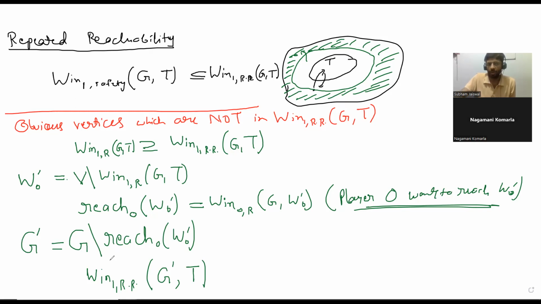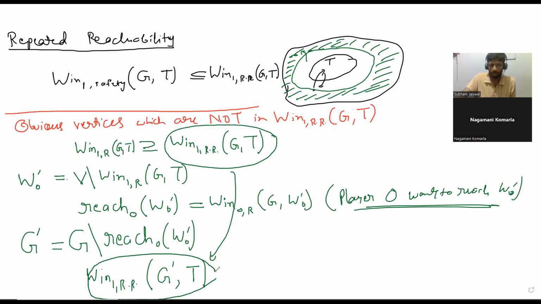So let us see once again. We set out to find this, but we got a smaller graph, except in one case it will not be a smaller graph, and we can think about that case separately. That will actually be an easy case. And in general, you'll get a smaller graph, and then you try to find win1 RR in this smaller graph.